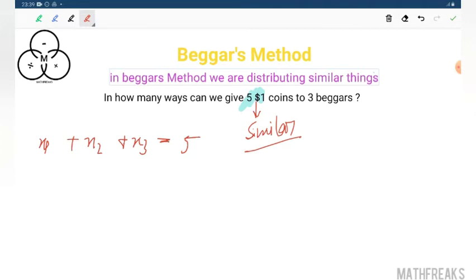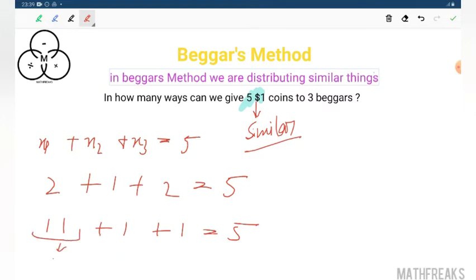Now in how many ways can we give them? Let us think for one way. 2 plus 1 plus 2 equals 5. So this is 1 1 plus 1 plus 1 equals 5. 1 1 is 2 only. 1 1 is also 2.